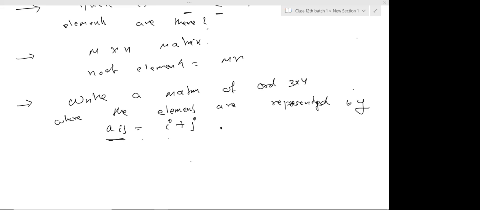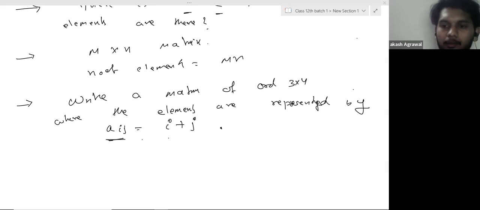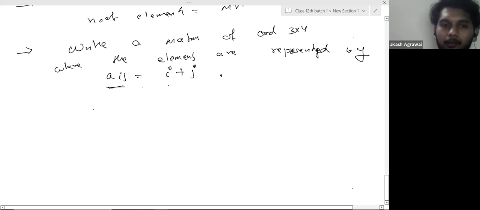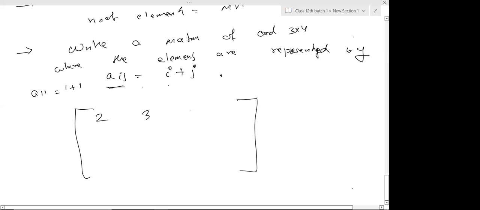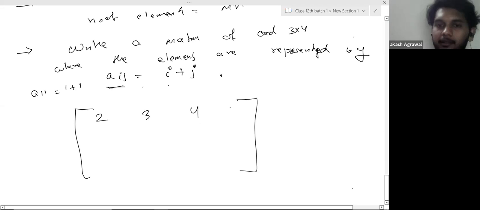Done. All right. So this matrix is of order 3 by 4. The first element will be A11, so 1 plus 1 will be 2. This will be A12, so 3. And here 4, and here 5.